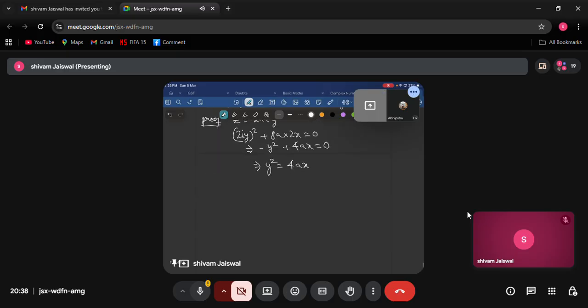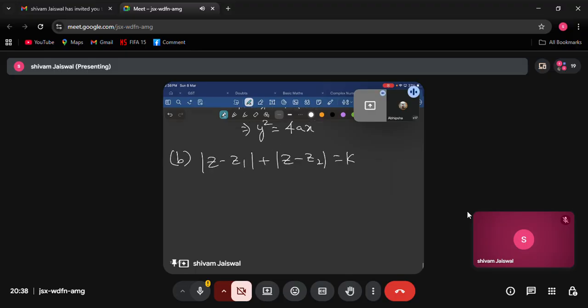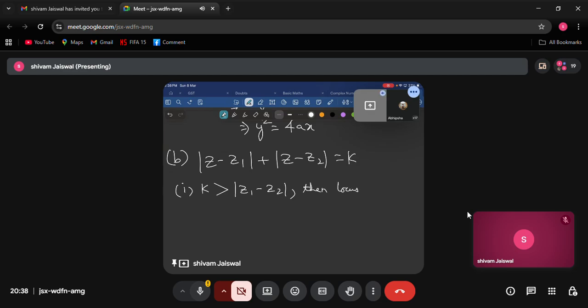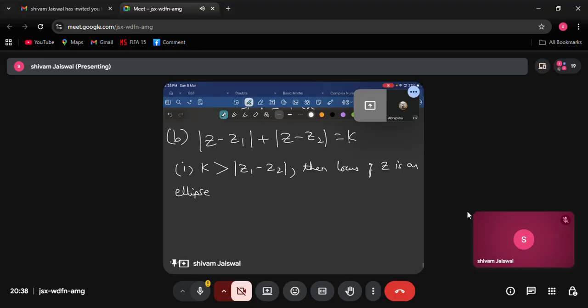Next. Part B. Mod of z minus z1 plus mod of z minus z2 is equal to k. What does it represent, everyone? Part 1. What does it represent if k is greater than mod of z1 minus z2? Ellipse. Then locus of z is an ellipse whose foci are z1 and z2.